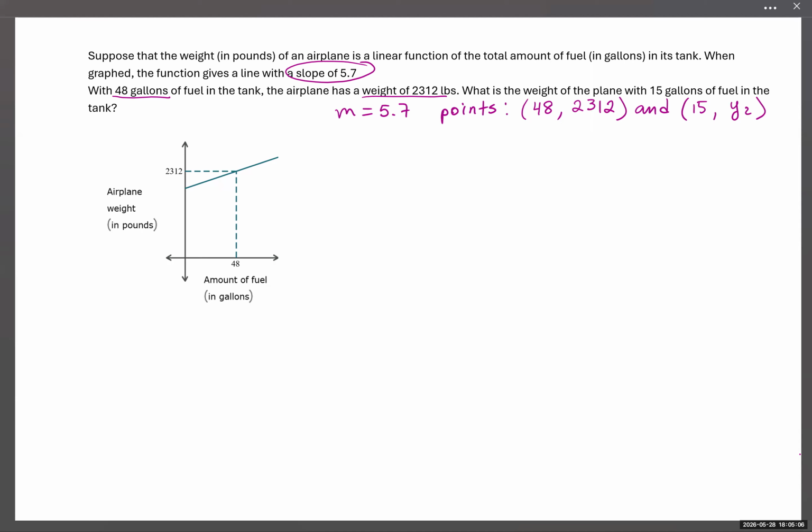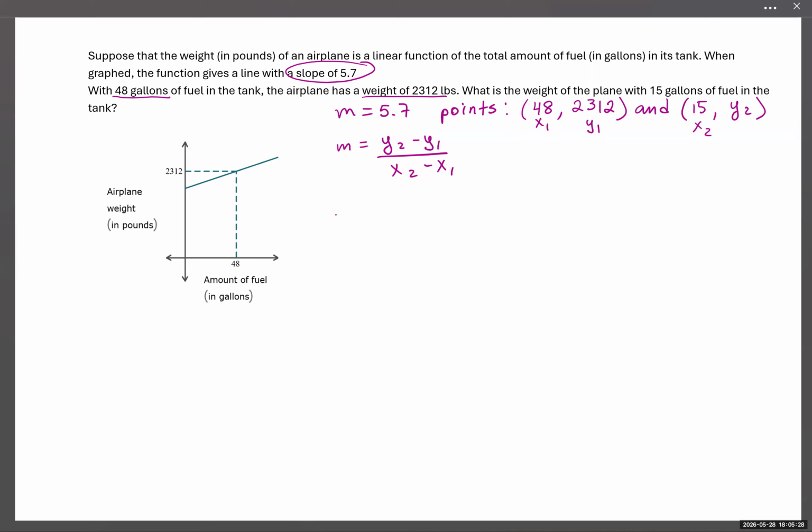And then we can go ahead and use the slope formula. Again, I'm going to rewrite it. M equals y2 minus y1 divided by x2 minus x1. Y2 is already labeled. This is x2, this is y1, and this is x1. So let's go ahead and put all of these numbers in.